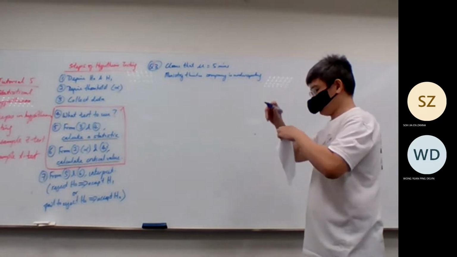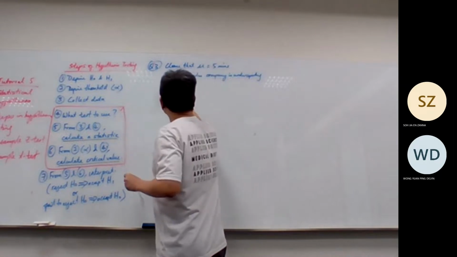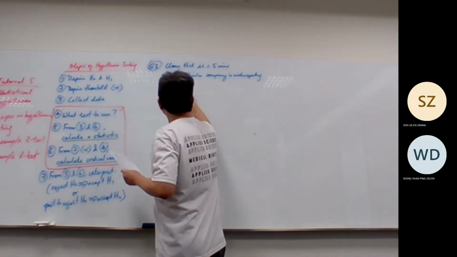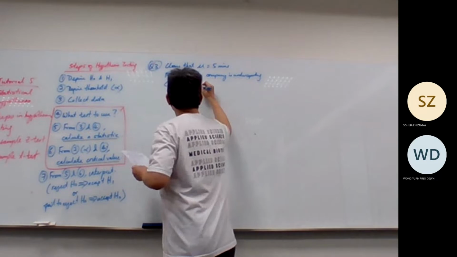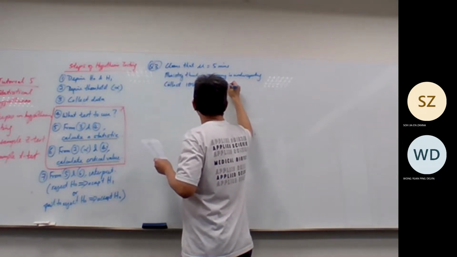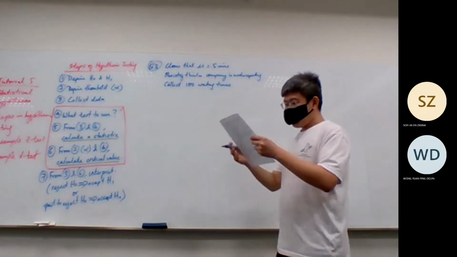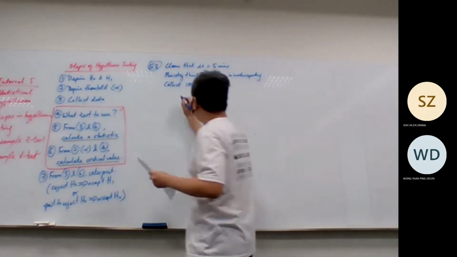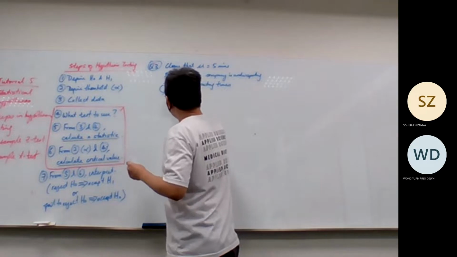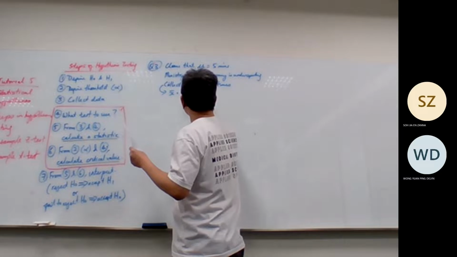So what do they do? They collect 100 waiting times. And the result is that the mean waiting time is 5.5 minutes.